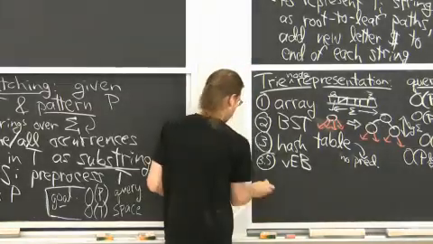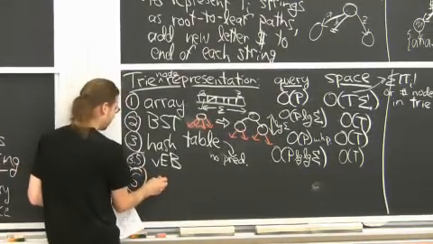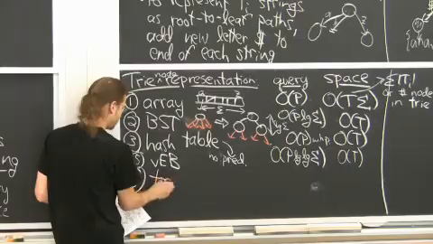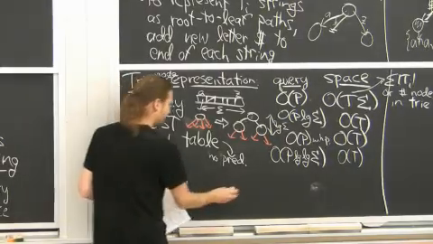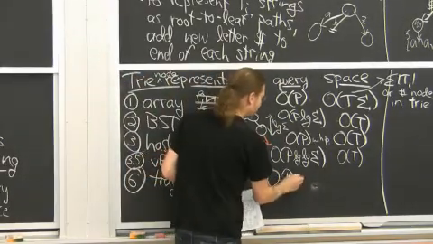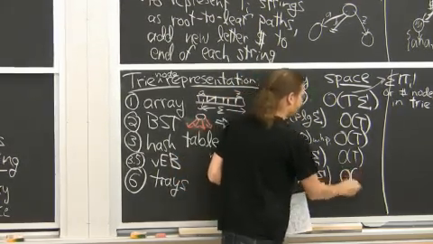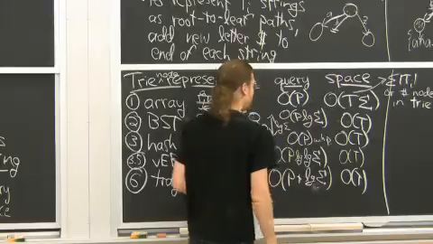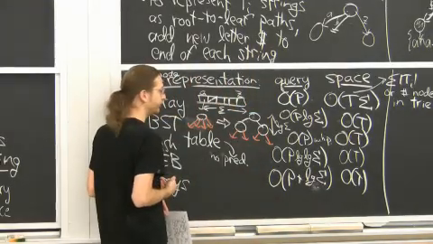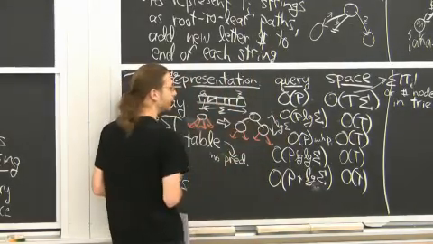This is number 6. Trays achieve order P plus log sigma and order T space. So this is pretty good, and they will do predecessor and successor. Definitely an improvement over the BST.